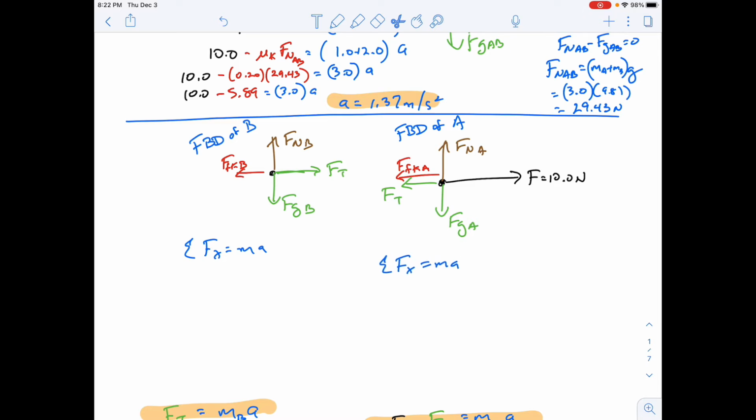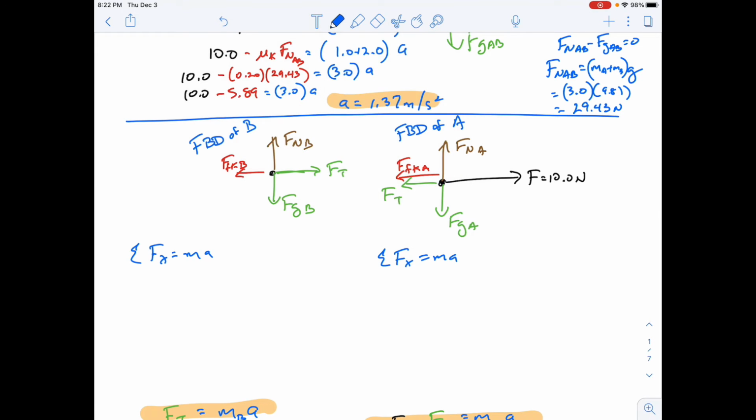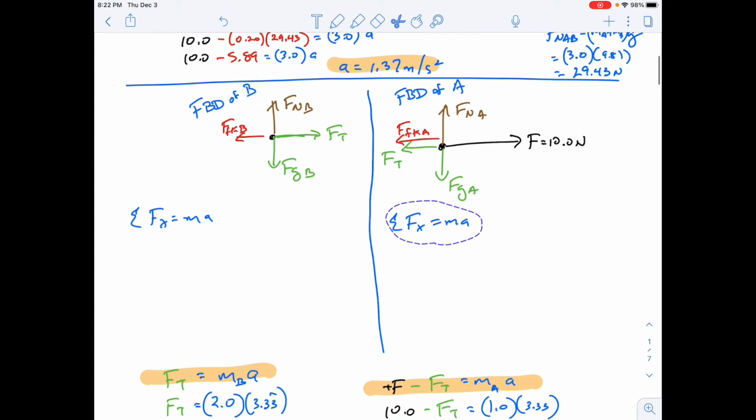So now we have to do our analysis. And we already now know that the analysis in the y direction is going to be important because we're going to need those normal forces. Not that it's very difficult because everything is horizontal or vertical. So finding those normal forces is easy, right? Because the normal force is basically going to be equal to the gravity.